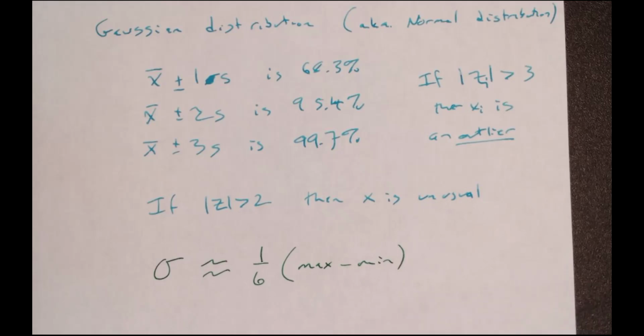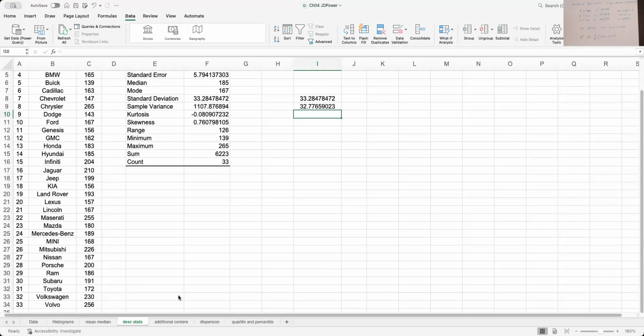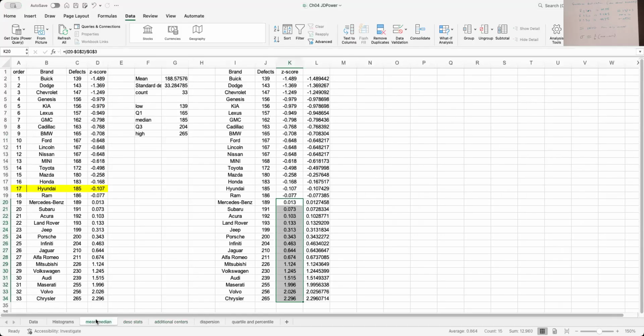On pages 119 and 120, there are a bunch of calculations switching between z's and x's. We should be proficient at this. In the JD Power file, you'll see one of these. Here it is. One that says mean and median.